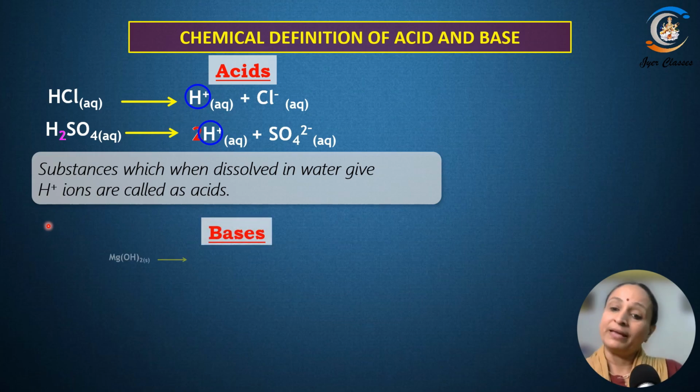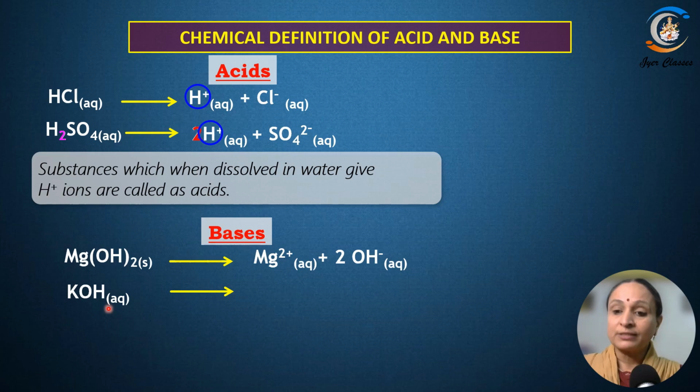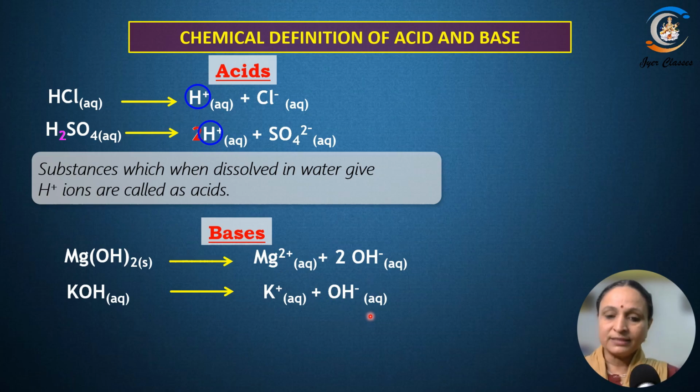Okay. Base. Now what is a base? Magnesium hydroxide is actually a solid, and when it is put into water, it splits up into magnesium ion as well as the hydroxide ion. Now if you have KOH solution, that means potassium hydroxide, when it is put into water, it also dissociates into K plus and OH minus ions.